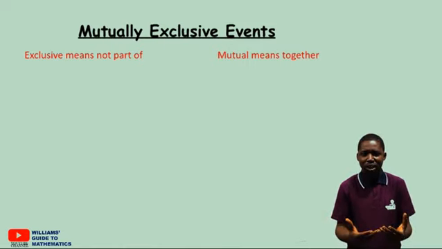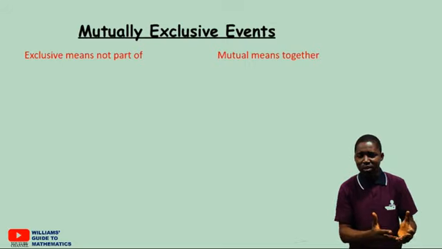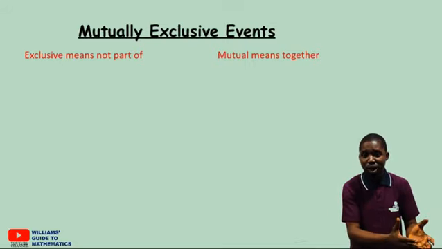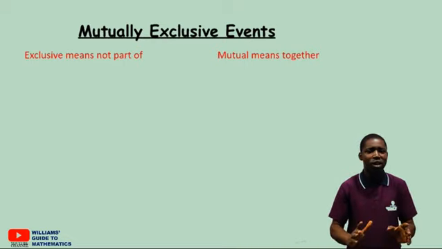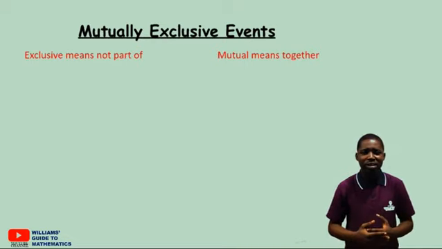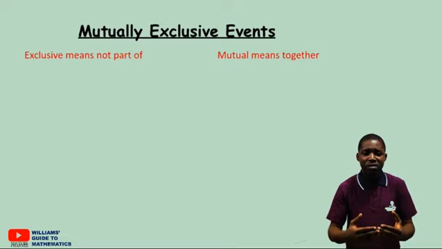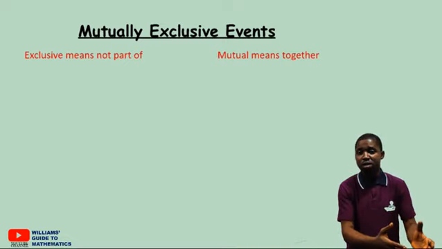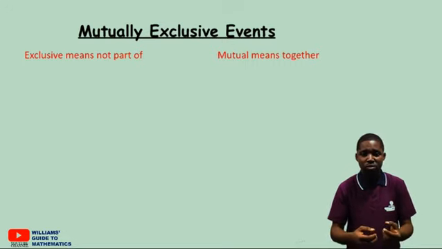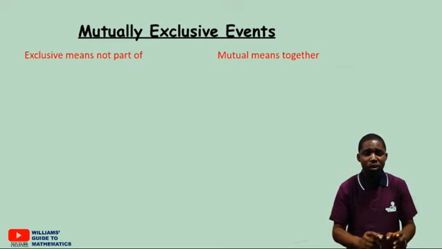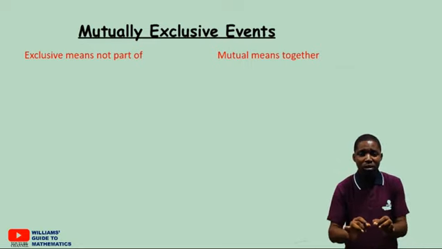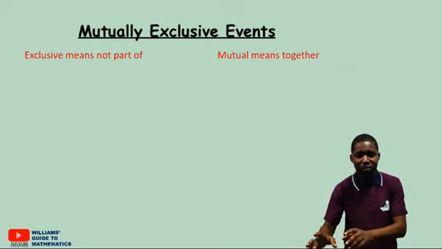Now, look at the two words. It seems they are contradicting each other. They go together, that means that's mutual. Then not part of, that is exclusive. But they are not contradicting each other. What we are saying here is that we can have the same source, which is explaining the word mutual. We can draw out the same event from the same source, but one does not affect the other.